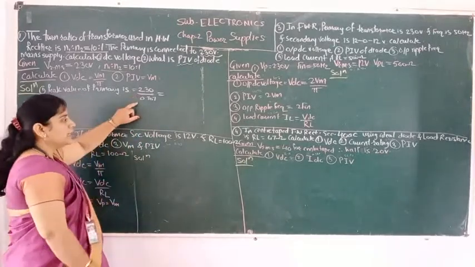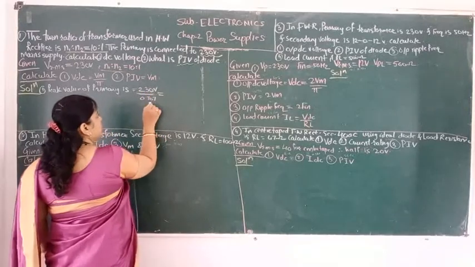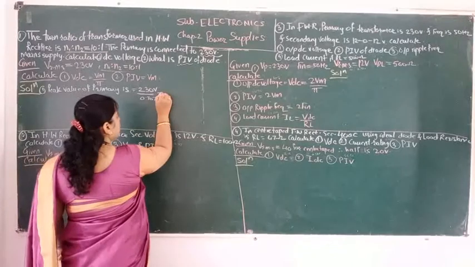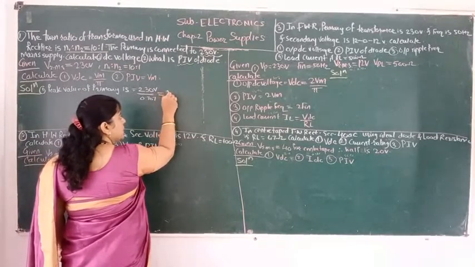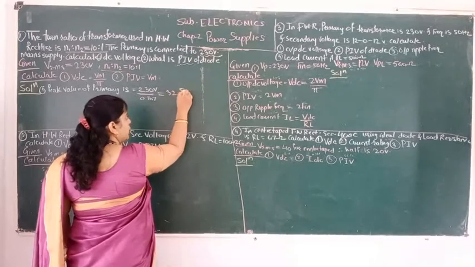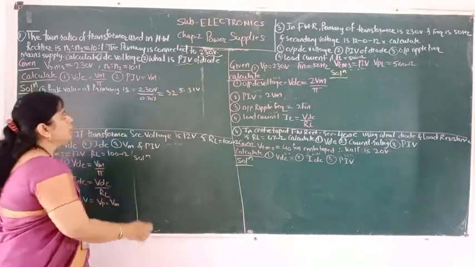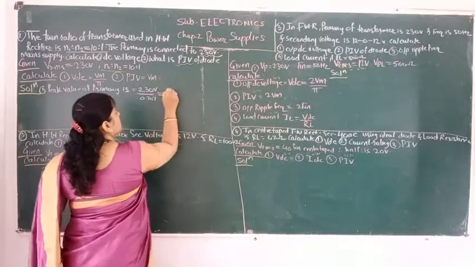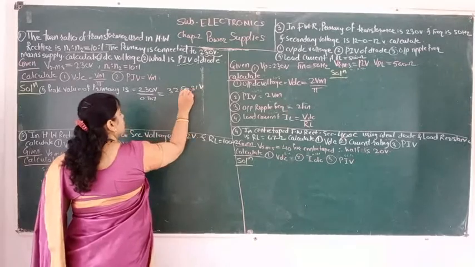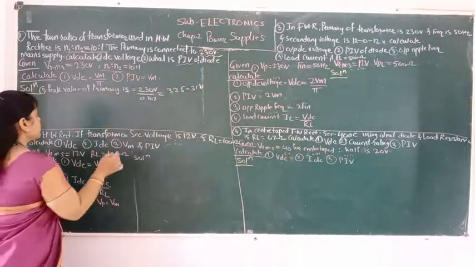So I will directly write the answer: 230 volt divided by 0.707 is its value. How much is it? It may be 325.31 volt for the peak value of the primary.